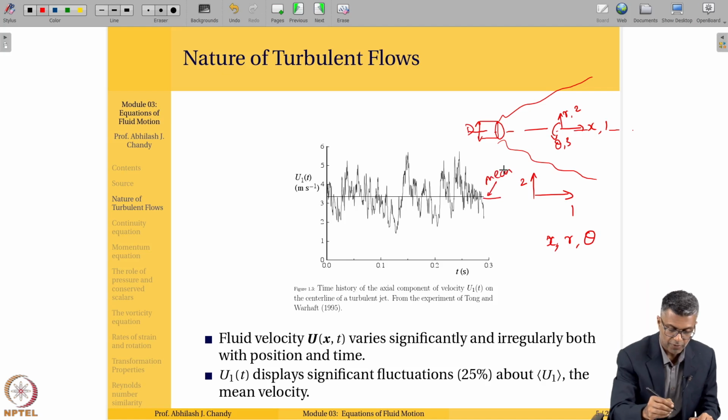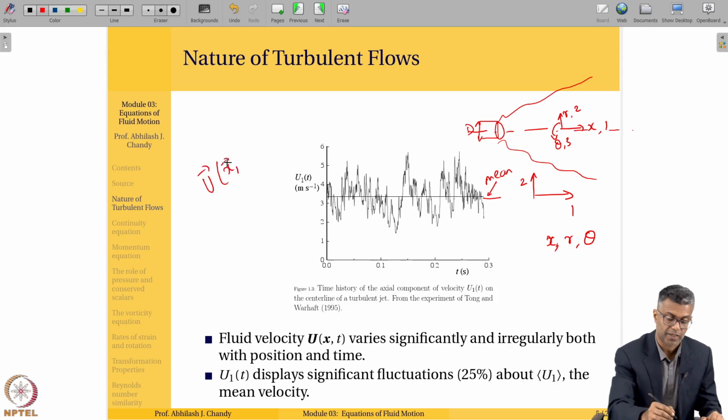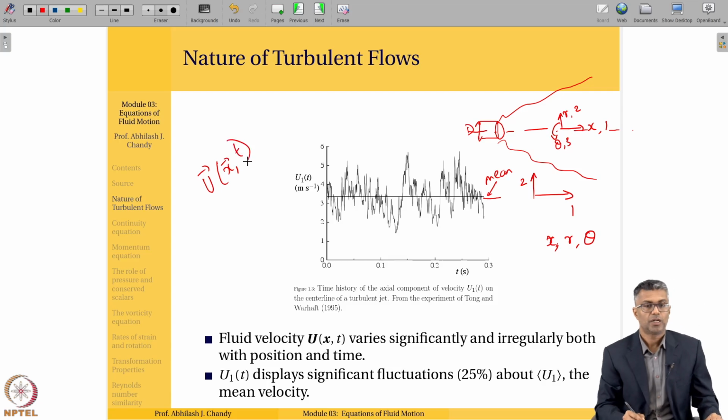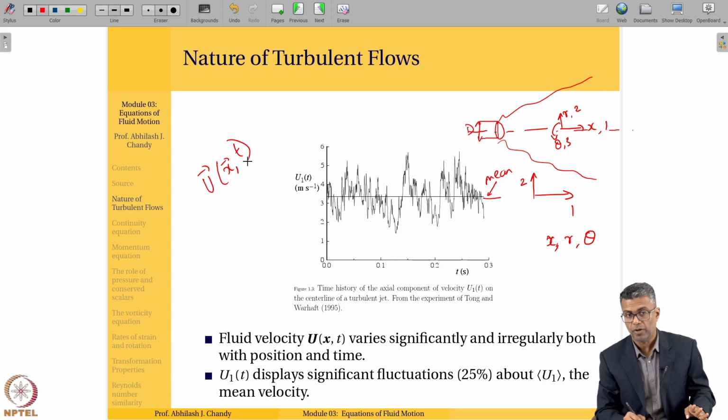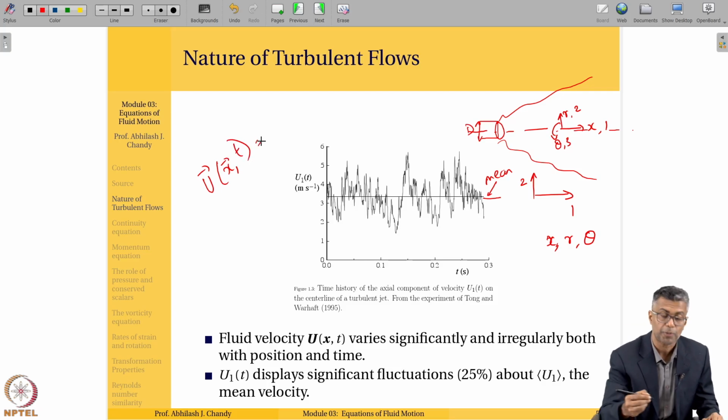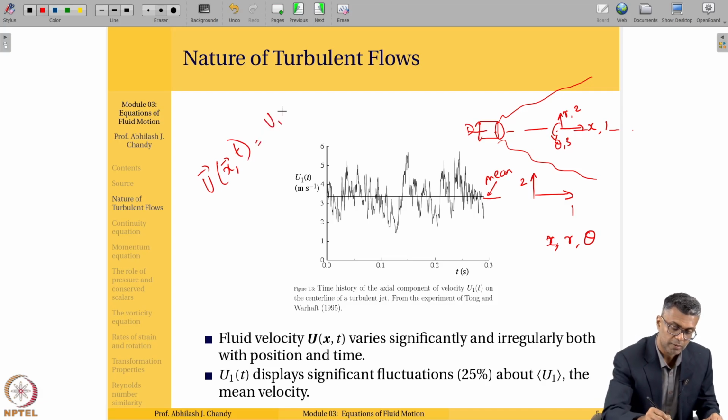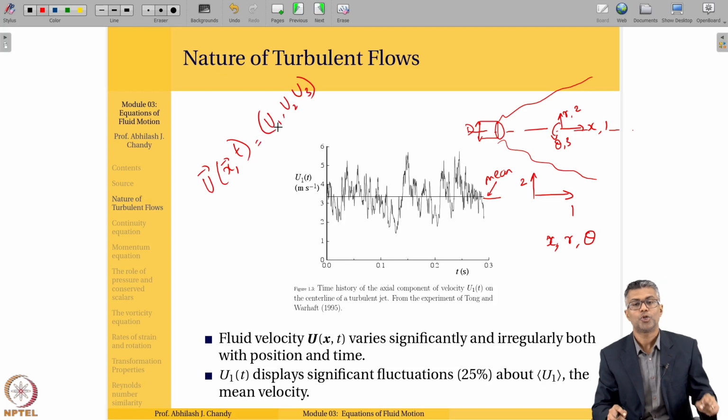So you have u, which is a vector, and it is a function of x, the position vector, again a vector, and comma t. So it is a 4D variable. The velocity vector is a 4D variable. Now this has multiple components, correct? So this will have u1, u2, and u3. u1, u2, u3 are scalars.